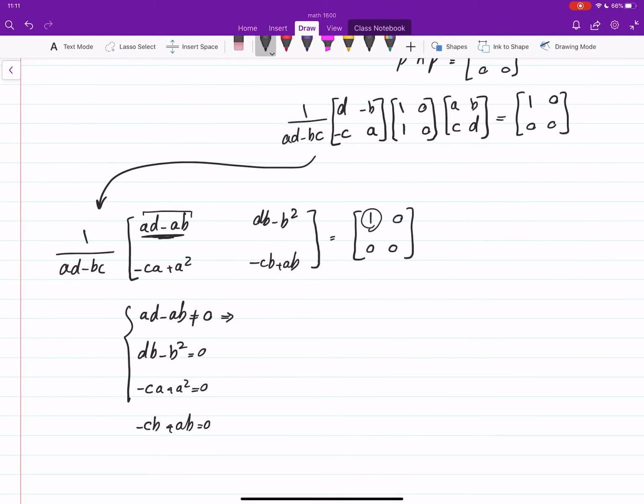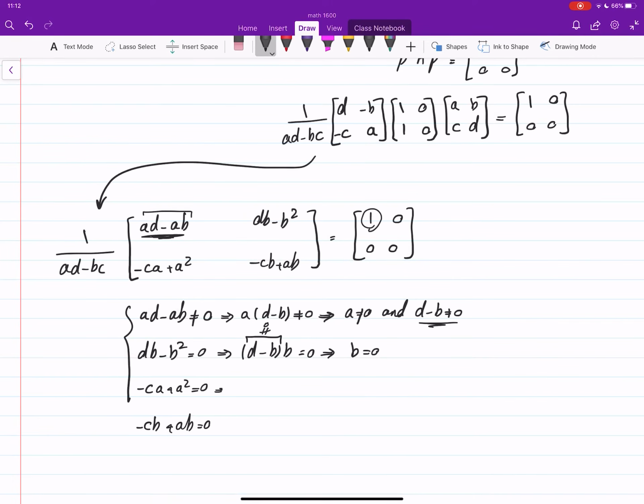From here, you see this is a times d minus b. This not being equal to 0 means that neither a is 0 nor d minus b. Very nice. Here, I can factor out b, and I get d minus b times b must be equal to 0.